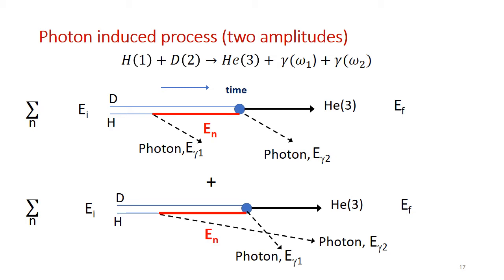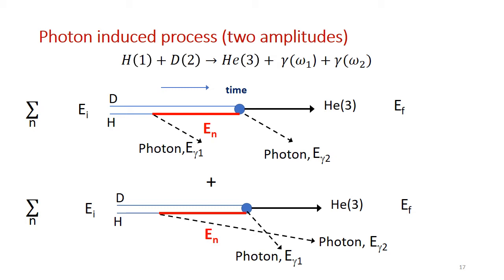Then we have this second interaction in which another photon gets emitted. Then for each state, we determine the overlap of that state with the final helium-3 nuclear state, including the effect of the perturbation, and then we sum over all the states.